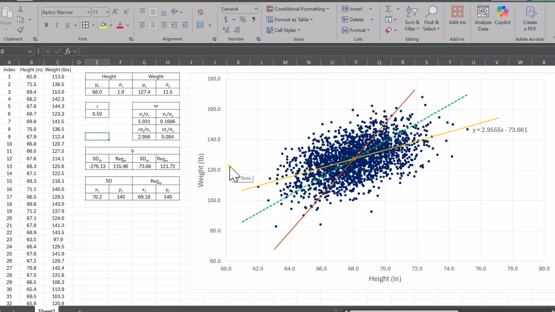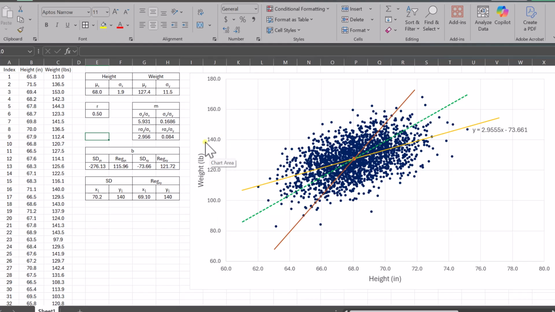So if we keep the whole purpose of the correlation coefficient in mind, the slope of the regular regression line is R times sigma Y over sigma X. Now the slope of the regression line with the vertical axis being the independent variable is going to be R sigma X over sigma Y. And you might think, wouldn't it be sigma Y over R, or sigma X over R sigma Y, which would result in the same regression line, because it's like we're turning our head on our side and treating this like it's the horizontal axis, right?